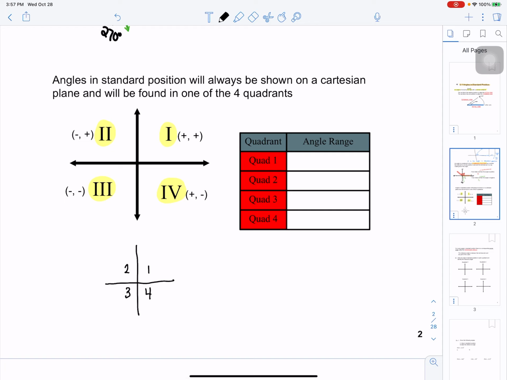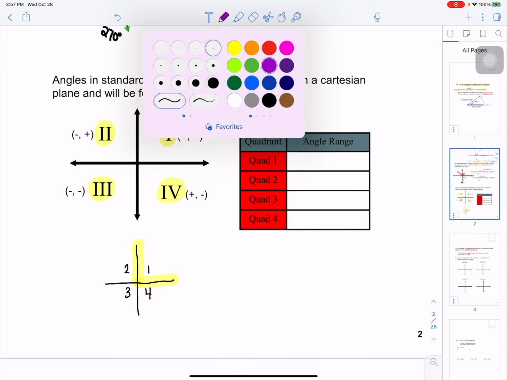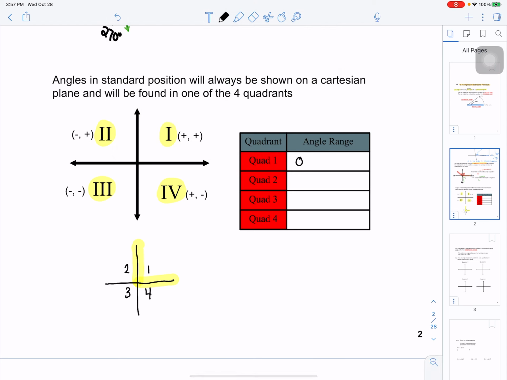When I'm in quadrant 1, I can have any angle between 0 and 90 because I'm staying within that first little L section. So my angle is going to be between 0 to 90 degrees. Okay.